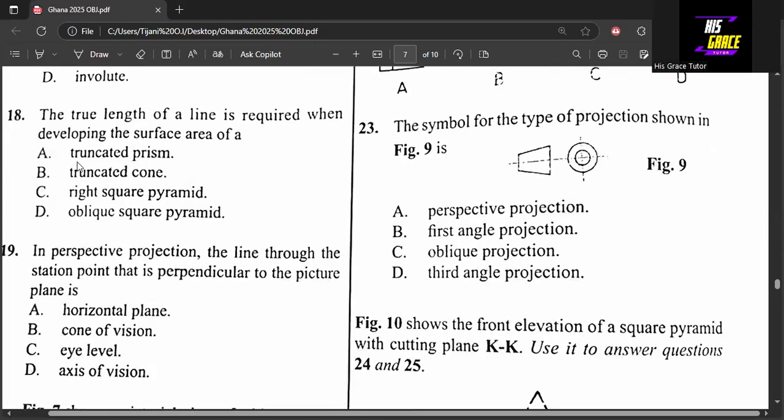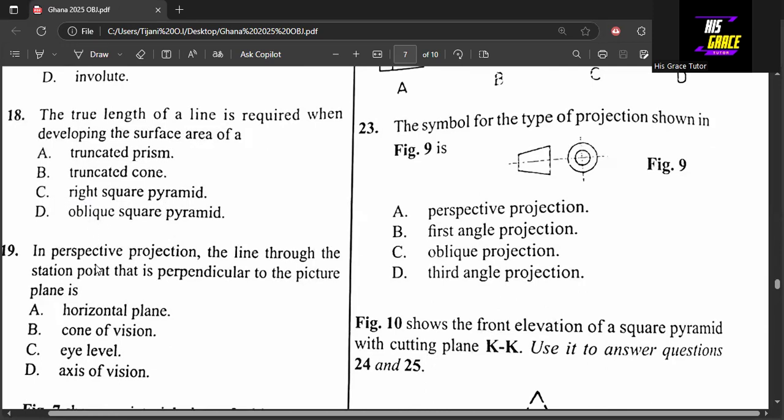Then question 18. The true shape of the line is required when developing the surface area of a right squared pyramid. When we are developing the surface area of a right squared pyramid, you need to look for the true length.